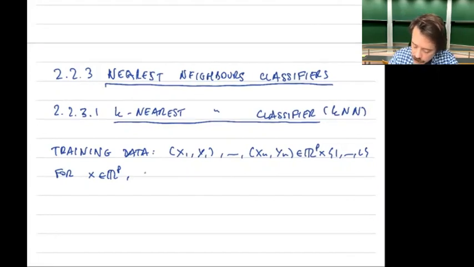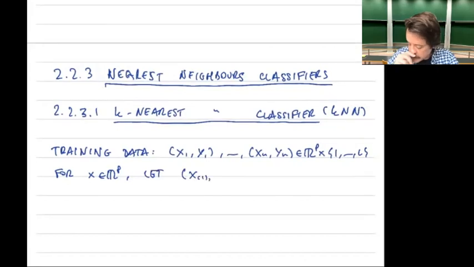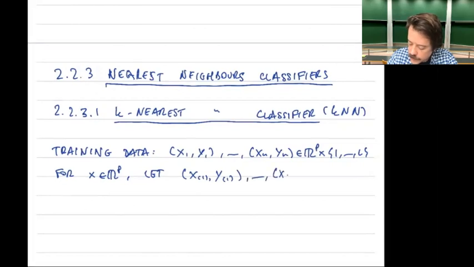Then let x1, and now the notation is a bit different, as you can see. The subscript has some brackets, and we'll see in a sec what that means.